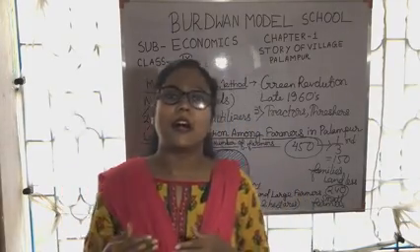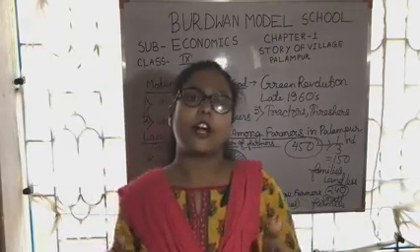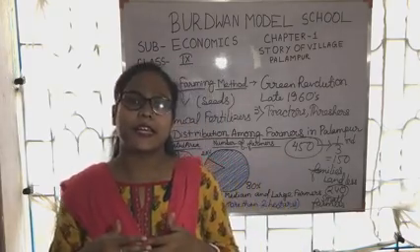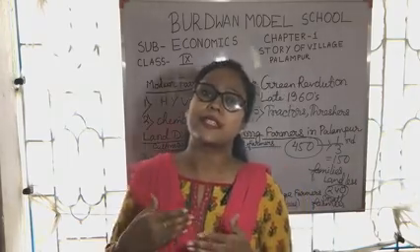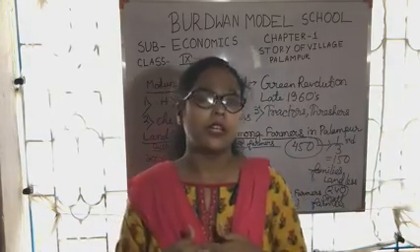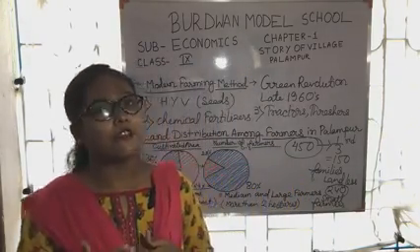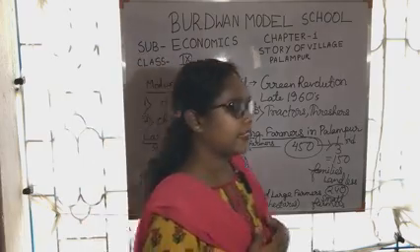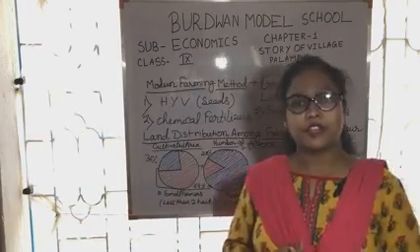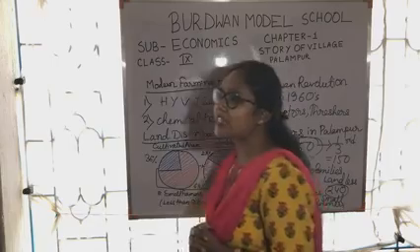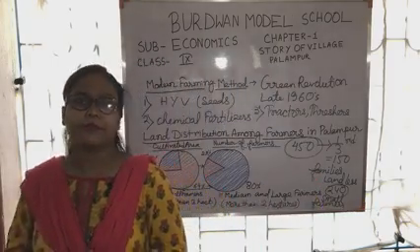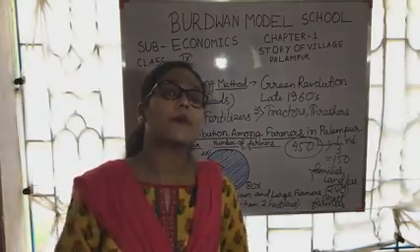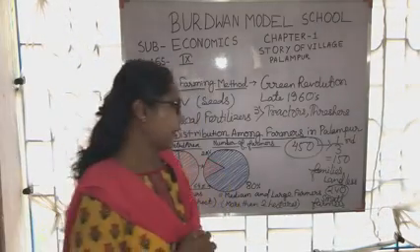But after cultivation, they cannot fulfill their basic necessities. After the death of Govind, this 2.25 hectares of land is divided among his 3 sons, and each one of them gets 0.75 hectare of land.